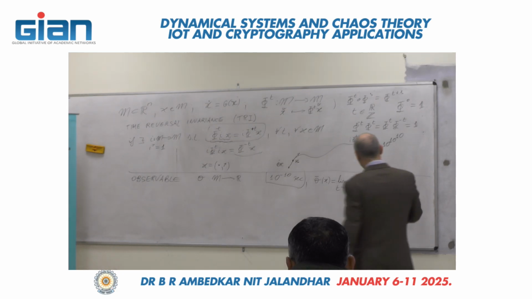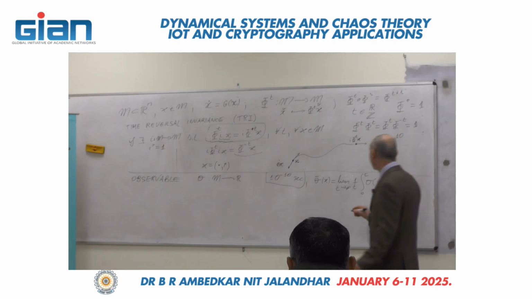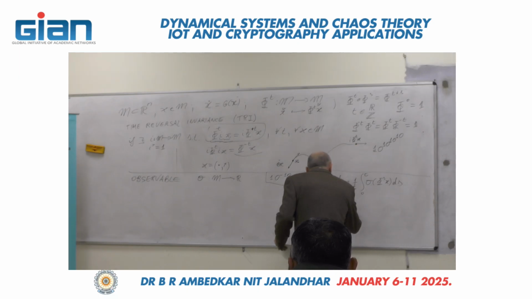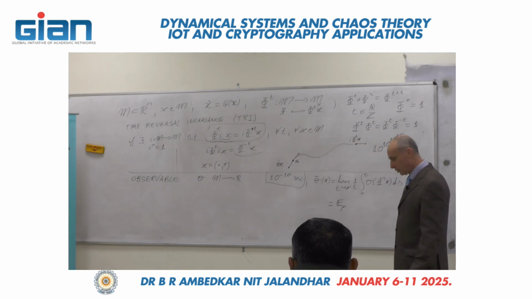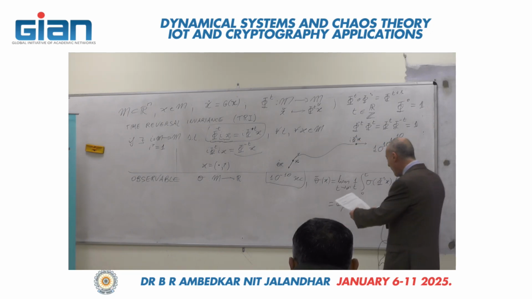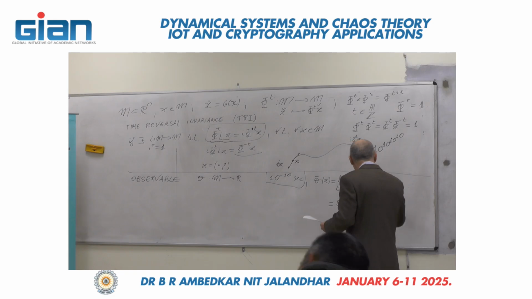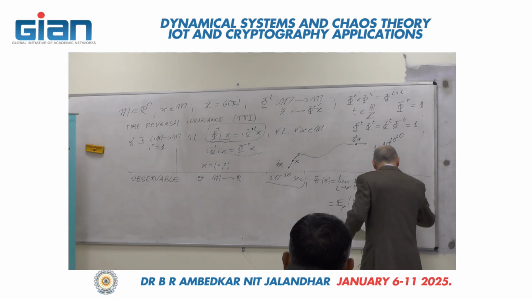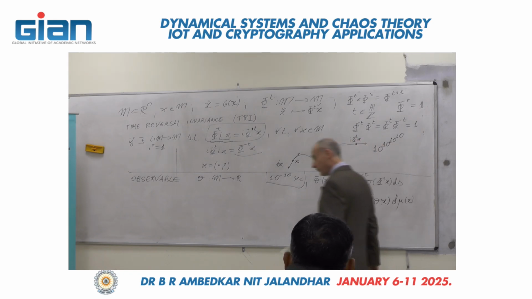It would be much, much better if you can write that this thing is equal to an expectation value with respect to a probability mu of my observable O, where by this symbol I mean the integral of O of x d mu of x.